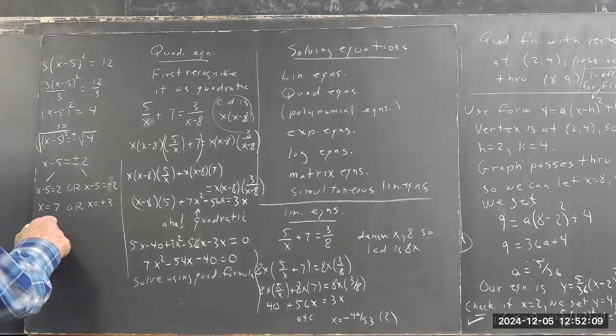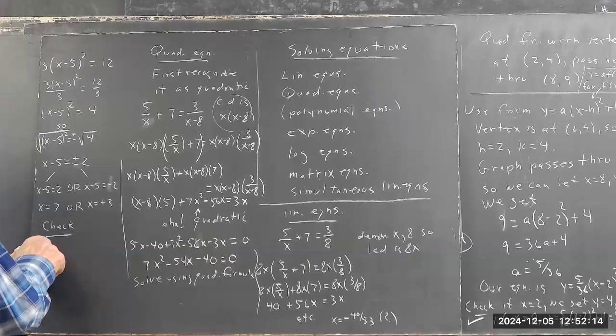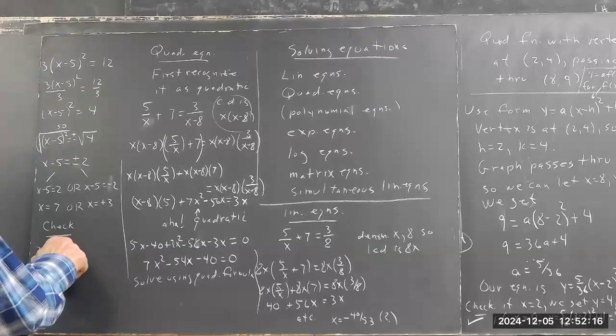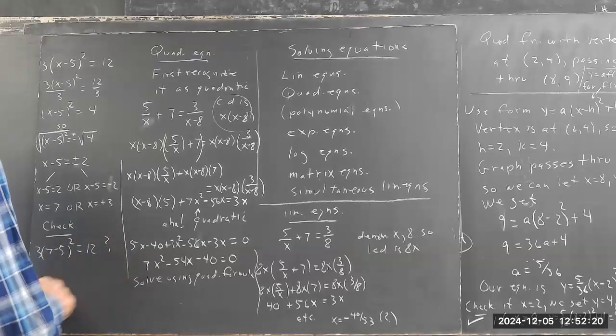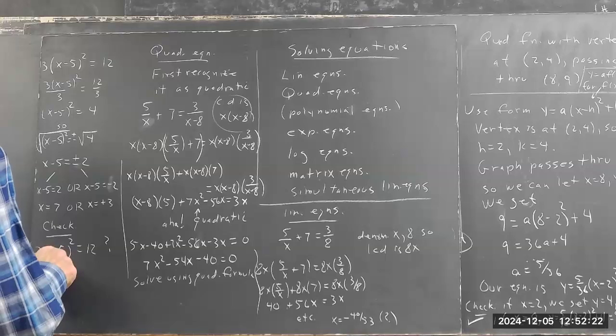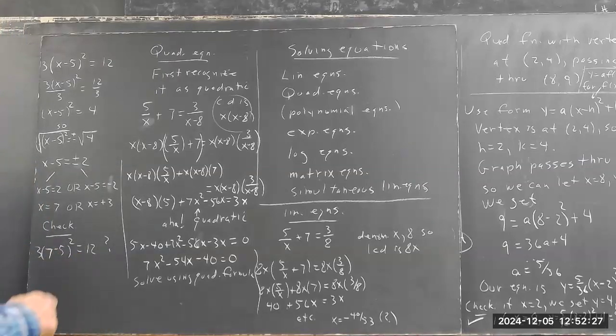And you can check that. Is 3 times 7 minus 5 squared equal to 12?